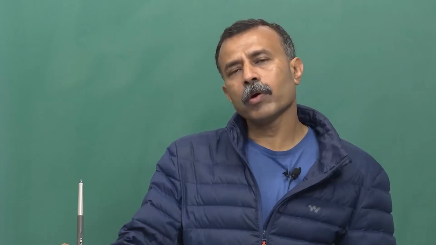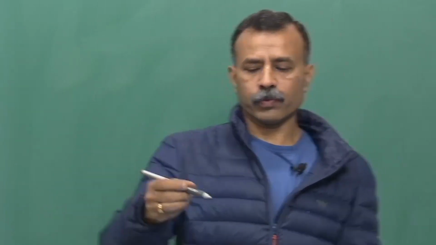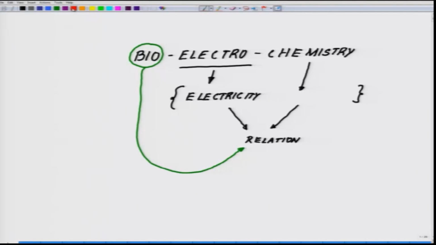Because when we talk about electricity, we talk about movement of charges from one point to another. Let us talk about the fundamentals. When we talk about electricity, essentially what do we mean? When we talk about any kind of charge transfer, it could be an electron, it could be a proton, it could be some form of an ion.